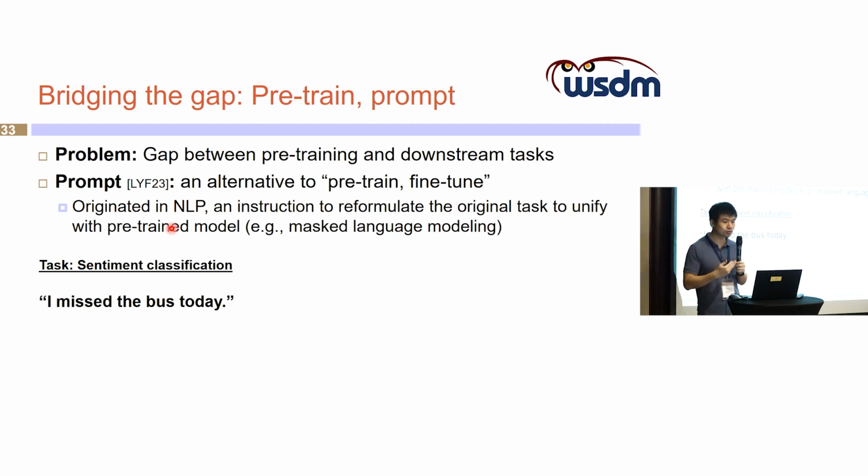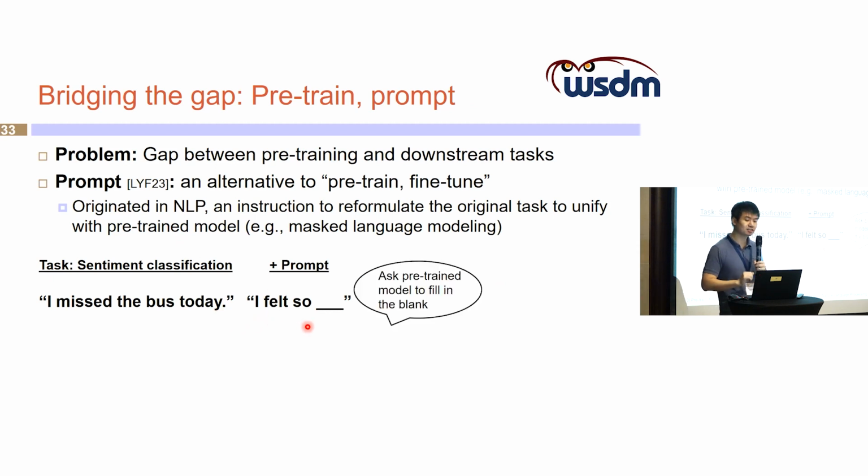If I ask you to do a sentiment classification with a traditional model, probably you will say it's neutral, because there isn't strong sentiment in this sentence. Also, most of the words are quite neutral. But a prompt is basically a natural language instruction to query the pre-trained model. The prompt here says, I felt so blank. Then you ask the pre-trained model to fill in the blank.